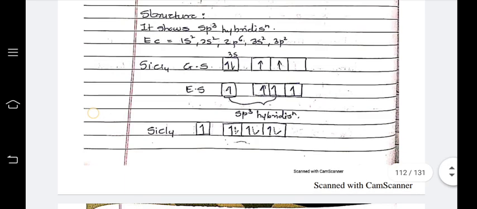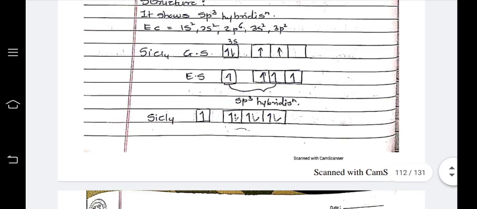In case of SiCl4, the ground state electronic configuration has the s electrons in paired form and the p electrons in unpaired form.